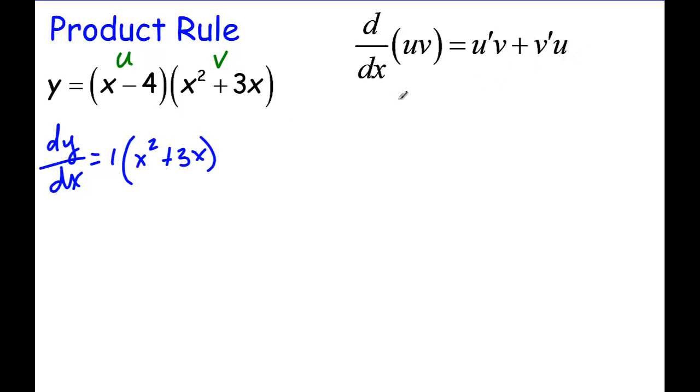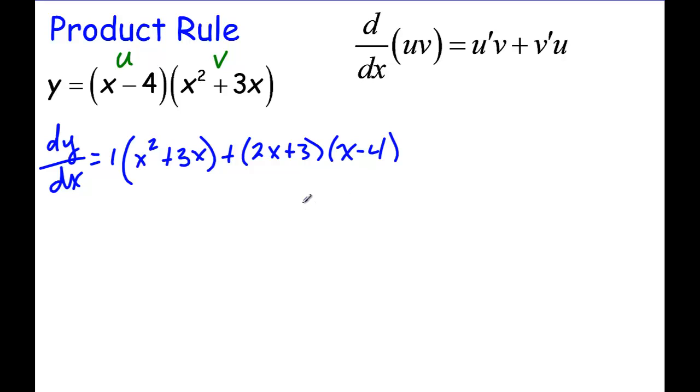Then plus, according to our formula, the derivative of v, so notice v prime, that's 2x plus 3, times the original u. So we go back and multiply it times x minus 4.